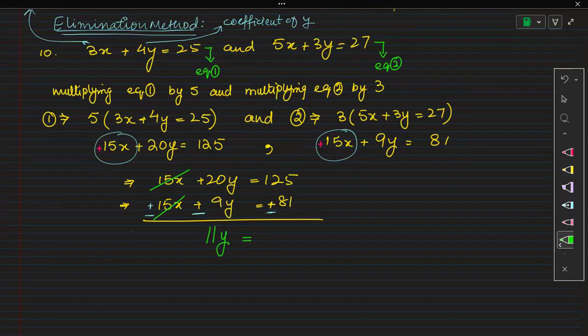Are you sure? 44. Okay, 44. So I have to drop this 11 down, and I will get y equals 4. Clear?